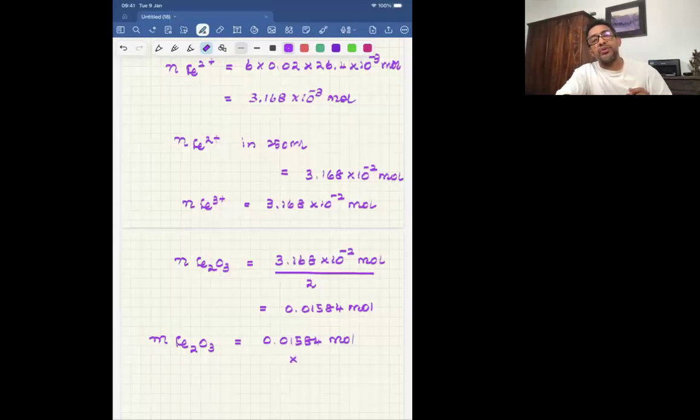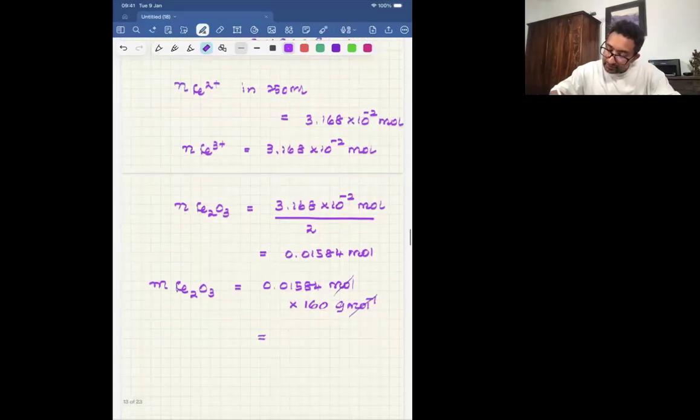Fe is 56, so 112, plus 16 times 3, 48. That is 160 grams. This and this cancel out and you multiply by 160. The answer is 2.5344 grams.